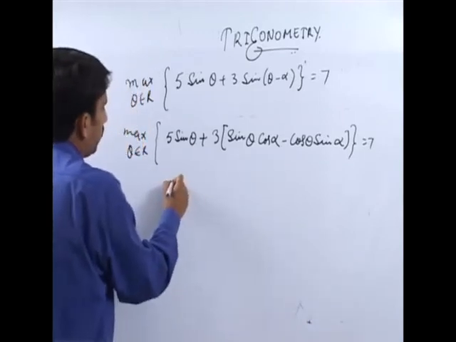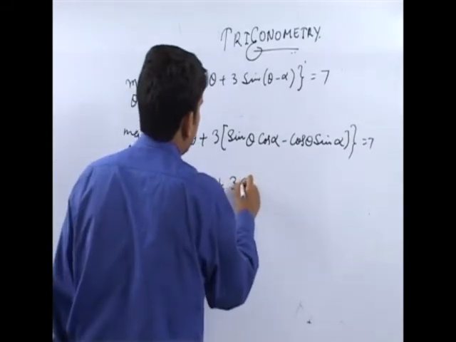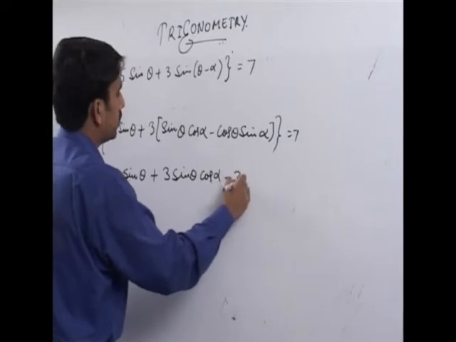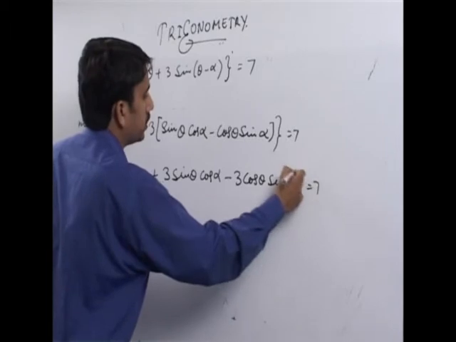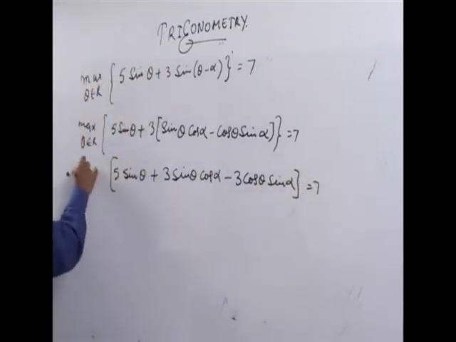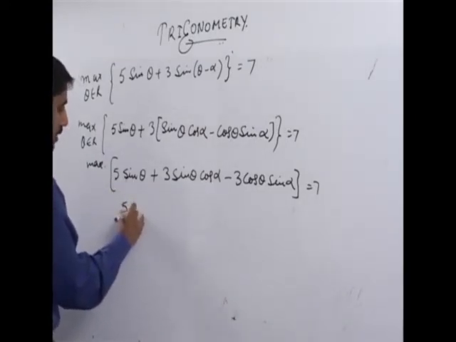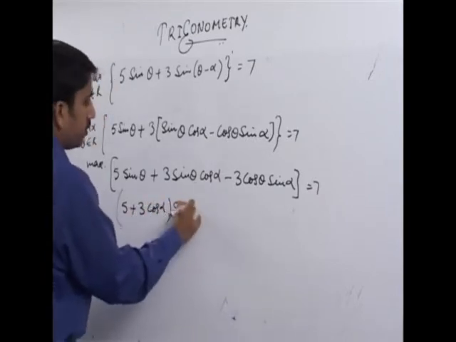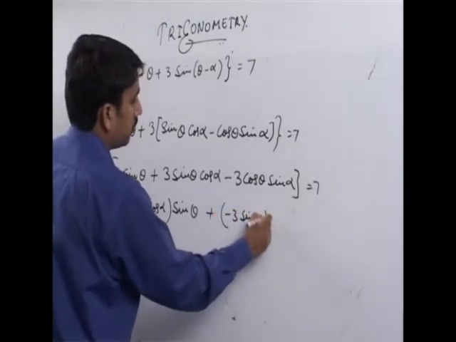Now when you open it, you will get 5 sin theta plus 3 sin theta cos alpha minus 3 cos theta sin alpha equal to 7. If you take sin theta common here, you will get (5 plus 3 cos alpha) sin theta plus (minus 3 sin alpha) cos theta.